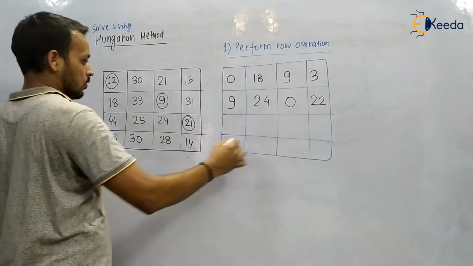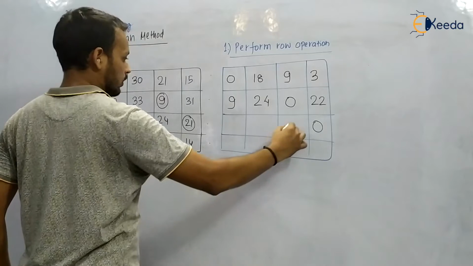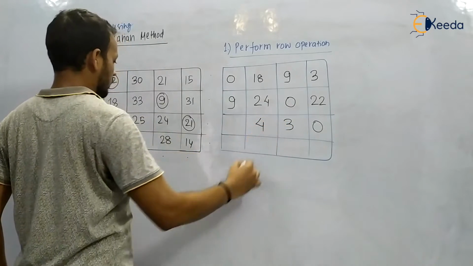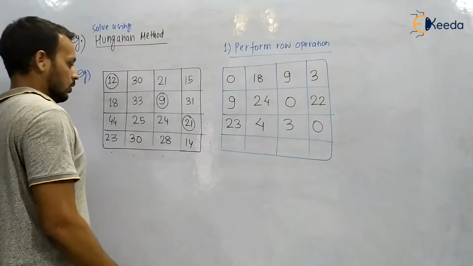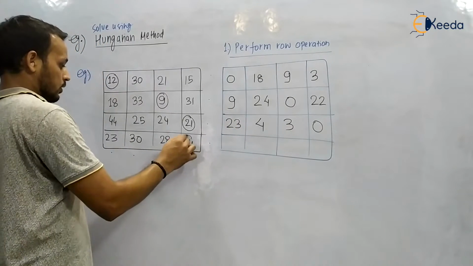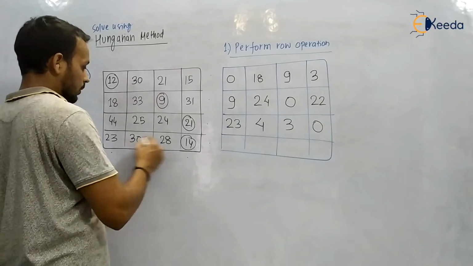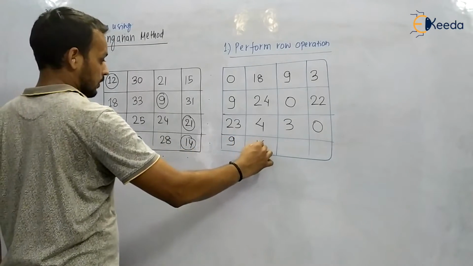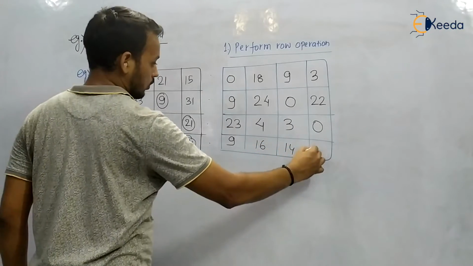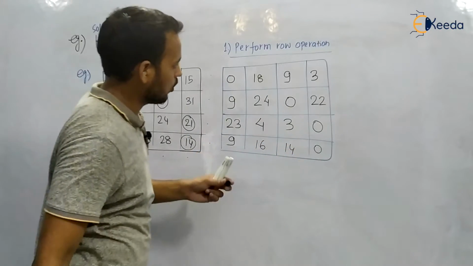Next lowest is 21, so it is going to be 0, 3, 4, and 23. And here the next lowest is 14, so it is going to be 9, 16, 14, and 0. So this is the row operation.